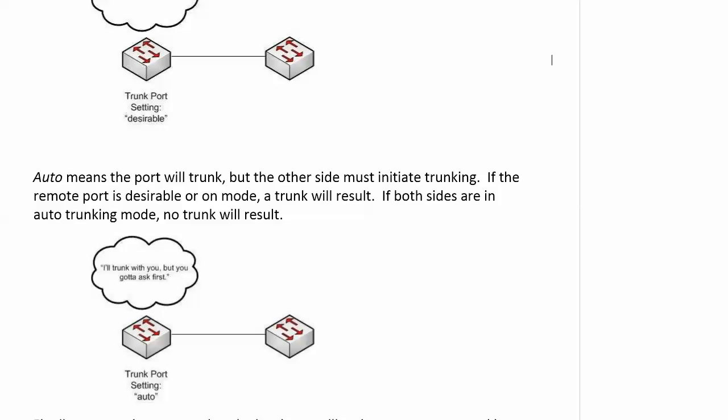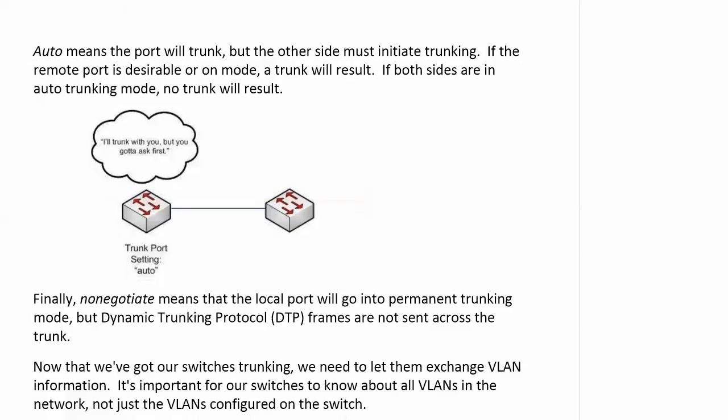But with dynamic auto, you plug it in, it's going to sit there, because dynamic auto on one end, dynamic auto on the other, it means each partner is waiting for the other one to say, hey, let's dance. And instead, since no one's initiating it, then they just lean against the wall and nobody dances with them.